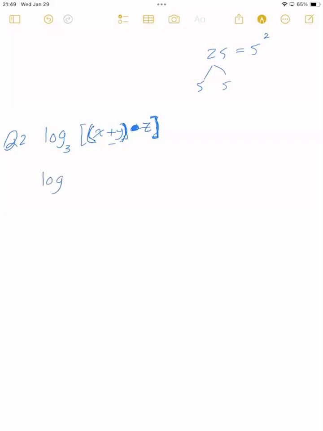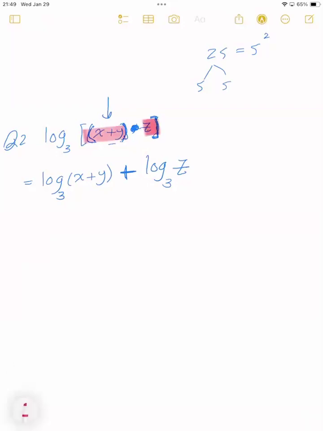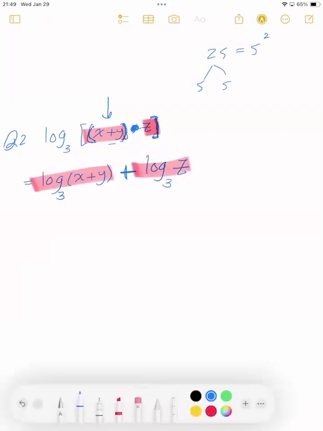I can write this as log base 3 of this factor, x plus y, plus, this multiplication becomes plus log base 3 of z, because I have two factors. My two factors are this one and this one. So then I have a log for x plus y and I have a log for z. We don't have any property for this addition here. And that's your final answer.